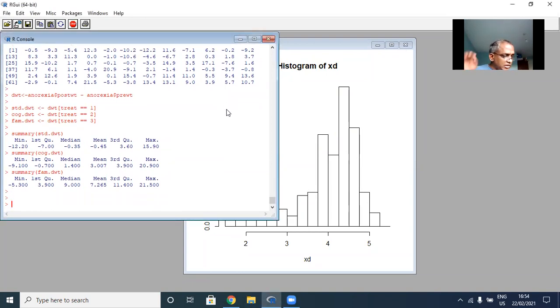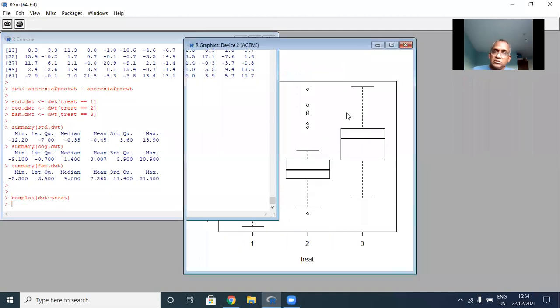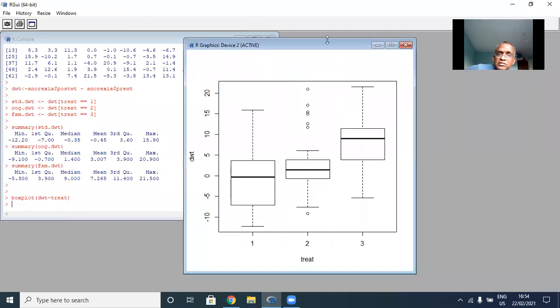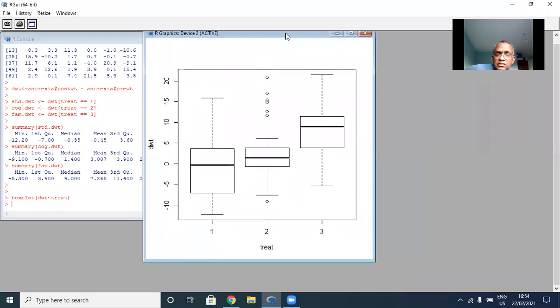And you should do a box plot of DWT versus treatment using the tilde command. You will see what actually happens. The difference in the weight before and after the treatment is largest when treatment is 3, second largest when treatment is 2, and smallest when treatment is 1. So the most effective treatment is treatment 3, right?